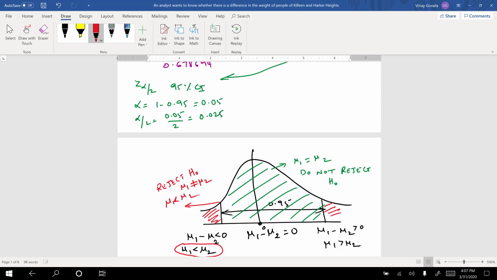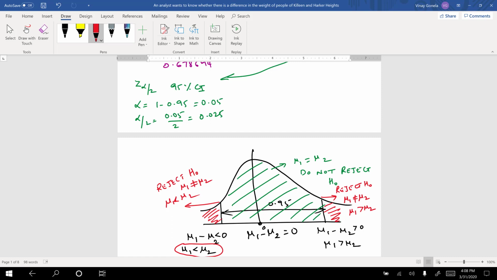Again, in this region you will reject H null. Mu1 will not be equal to mu2. So in fact mu1 will be greater than mu2 in this region. So that is how you are reading the entire thing.